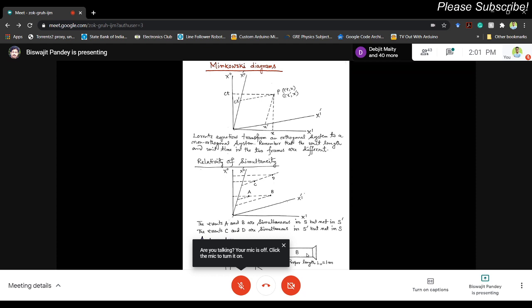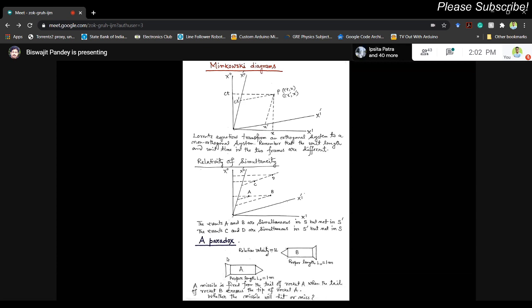Now you look at the problem from two different frames. If you look at the event from the frame of A, you see when the tail of rocket B reaches here at the tip of rocket A, both of them have equal length. So you may think that both of them are lying side by side.